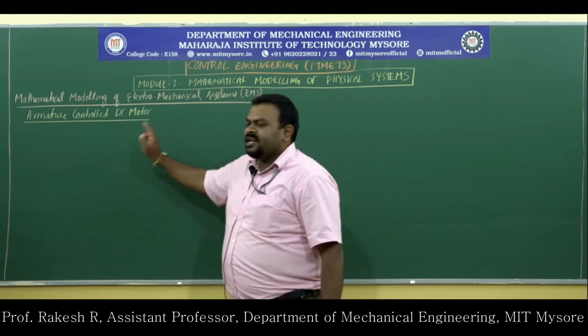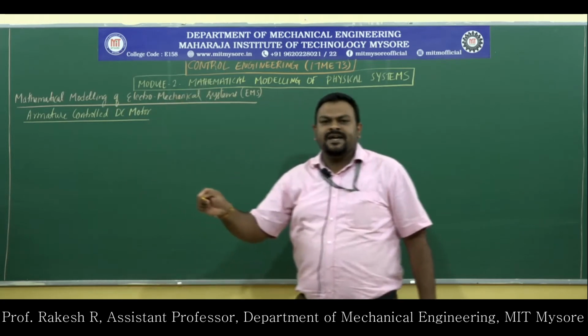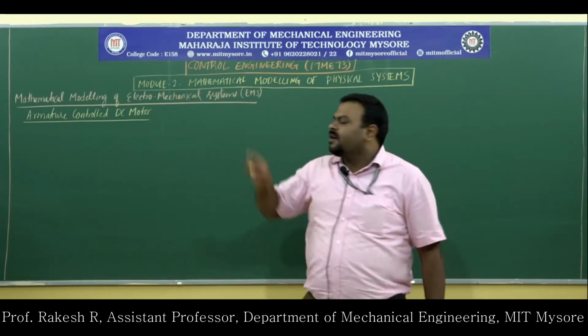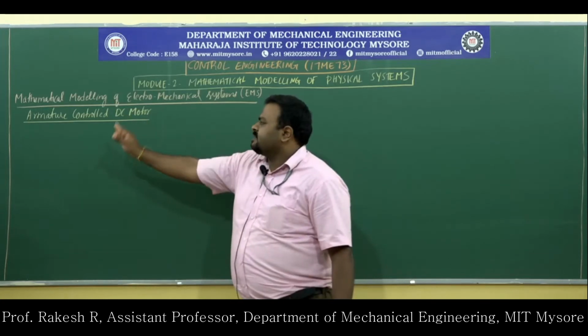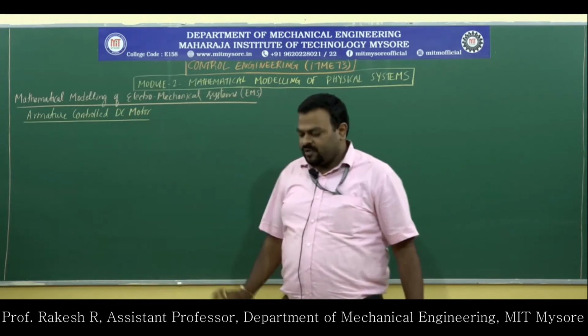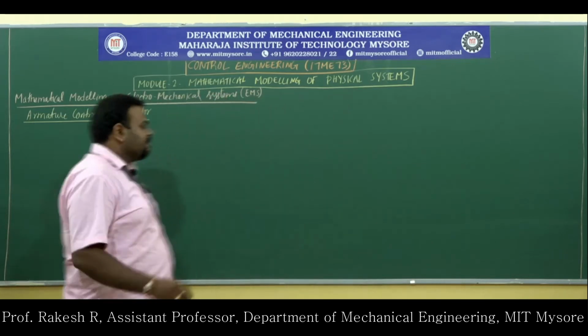Here the excitation of torque is based on the armature supply voltage but the field supply voltage remains constant. Hence the name, armature controlled DC motor. I will write the circuit.